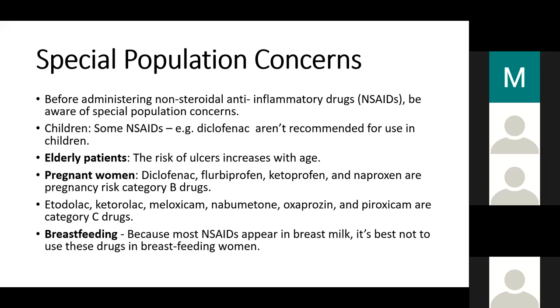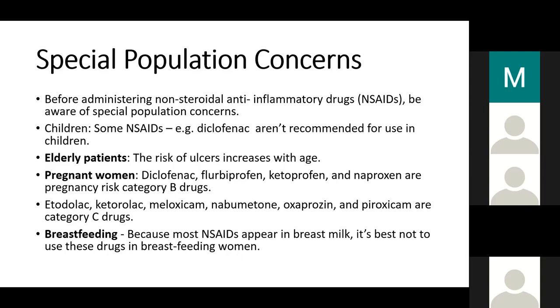Then pregnancy category B, there is no risk in animal studies. So let me clarify. For pregnancy category A, studies have demonstrated that it is safe in the pregnant person and has no effect on the fetus in the first trimester or any of the trimesters.